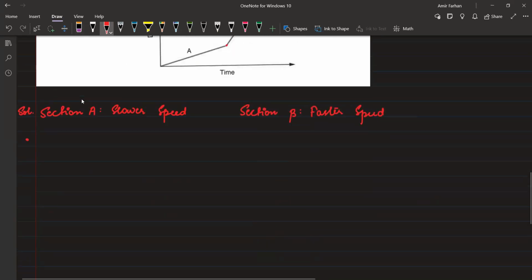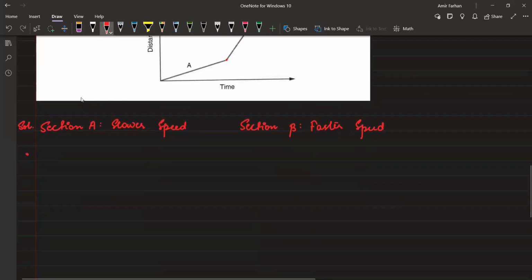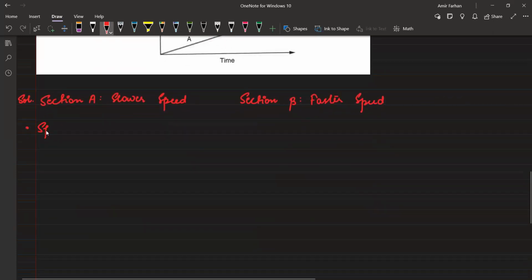This is the distance time graph. Now we are going to study the speed time graph.